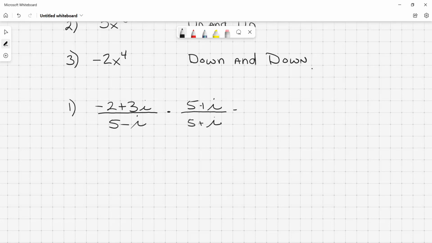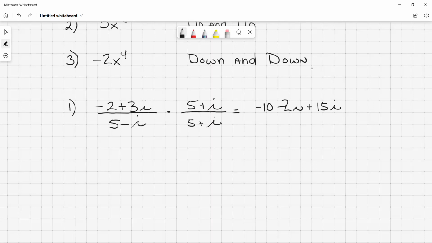And you have to do the distributive property twice here on both of these. So you got the negative 2 times the 5, which is negative 10. You got the negative 2 times the i, which is negative 2i. You've got the 3i times the 5, which is positive 15i.